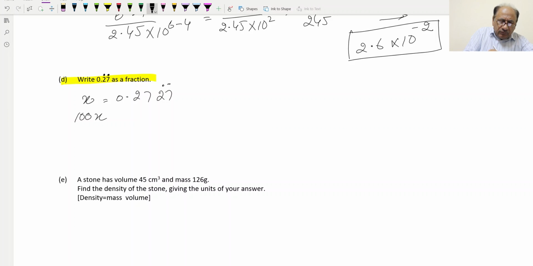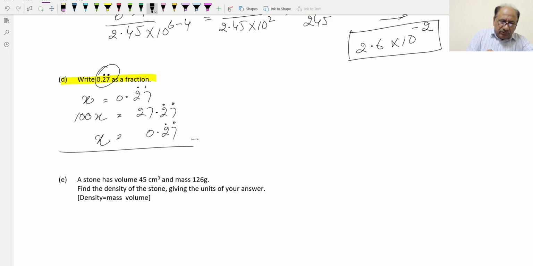So 100x will be equal to 27.27 recurring. Now we can write x the same as this one, so that you should not be confused. So x is equal to 0.27 recurring like this, and now we will have to subtract.